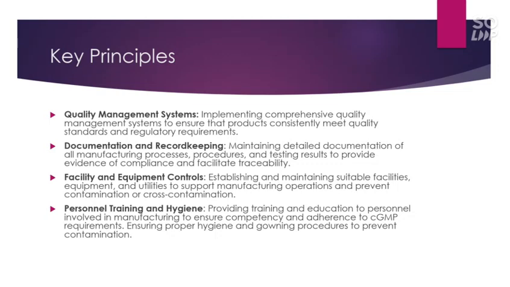Facility and equipment controls, establishing and maintaining suitable facilities, equipment, and utilities to support manufacturing operations and prevent contamination or cross-contamination. Personnel training and hygiene, providing training and education to personnel involved in manufacturing to ensure competency and adherence to cGMP requirements.